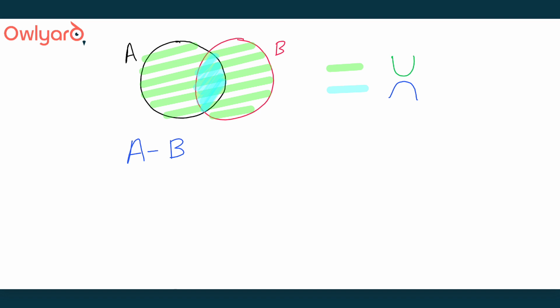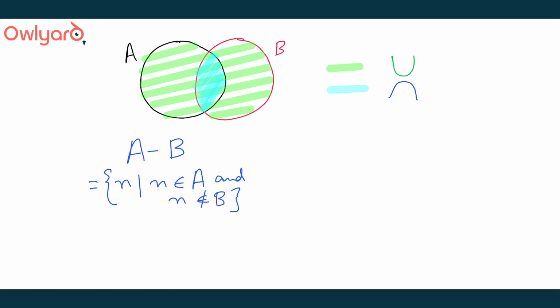So A minus B, intuitively speaking, should contain the elements that are in A but not in B, right? As if you are subtracting the elements of B from the elements of A. So in set builder notation, we can write n such that n belongs to A and n does not belong to B. Both of these conditions should be satisfied, right?